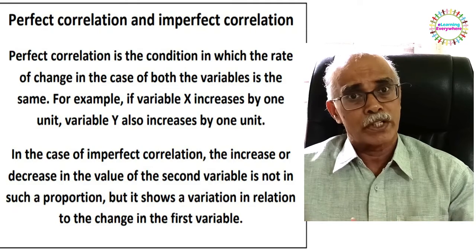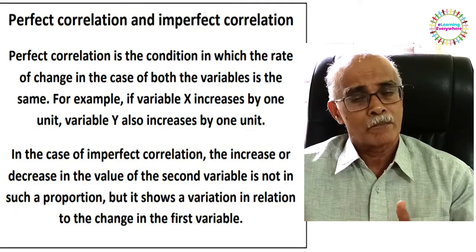There is no chance of increase of 1 unit in the case of variable y when 1 unit increases in the case of variable x. So this type of correlation, this type of relationship between the variables x and y, we can call imperfect correlation. So there is perfect correlation and imperfect correlation.